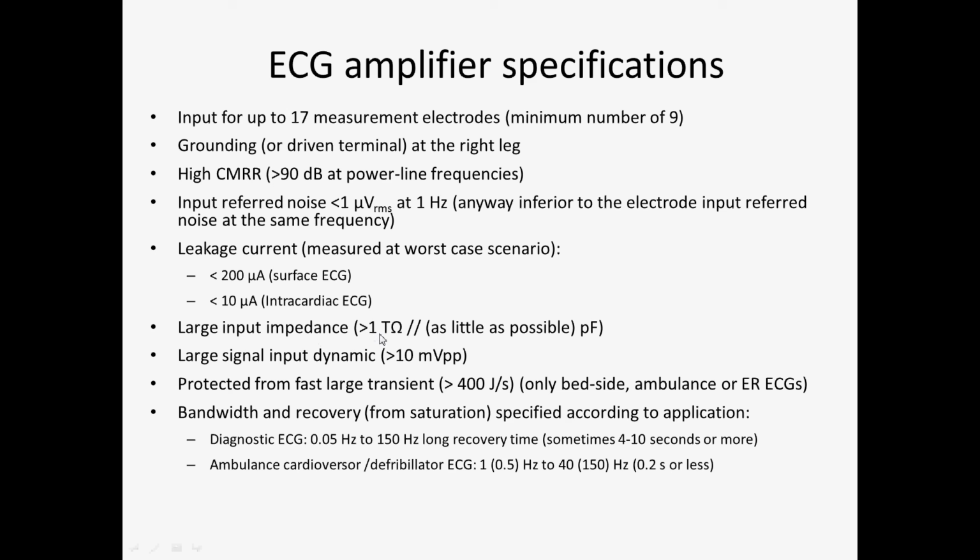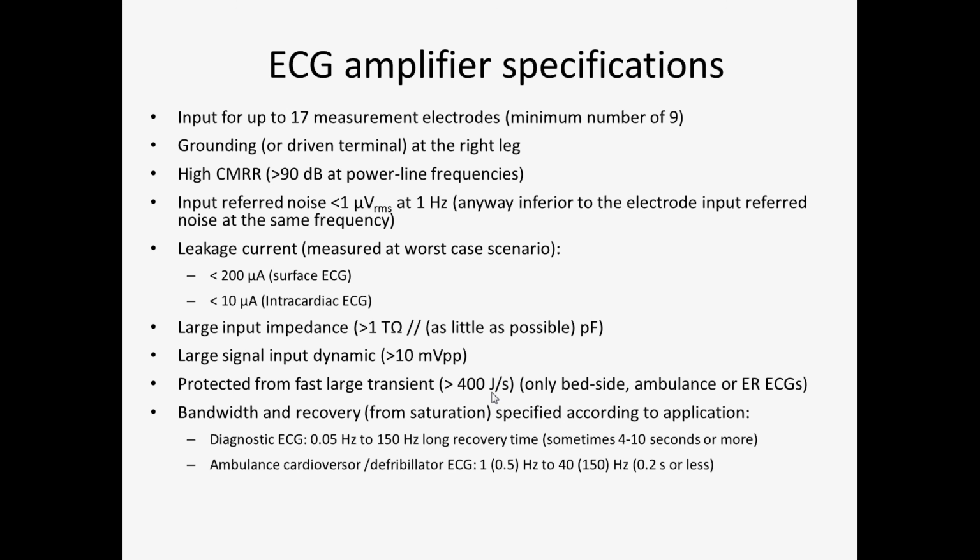The input impedance is specified. What is the largest signal that the amplifier can amplify correctly? And what is the largest signal that can be given to the amplifier without the amplifier catching fire or exploding?